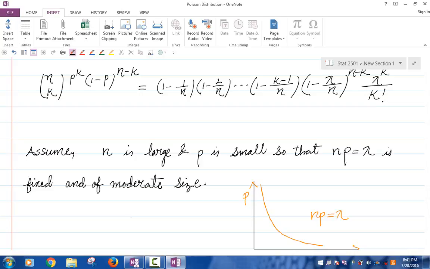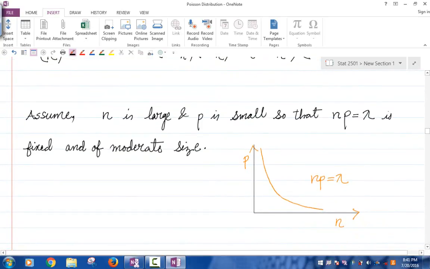So how am I going to do that? Well, look at the hyperbola of the equation n times p equals lambda. So lambda is fixed, and notice that in order to keep n times p equal to fixed lambda while I let n go to infinity, I have to take p small accordingly.